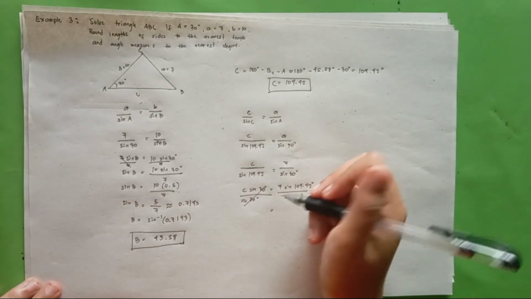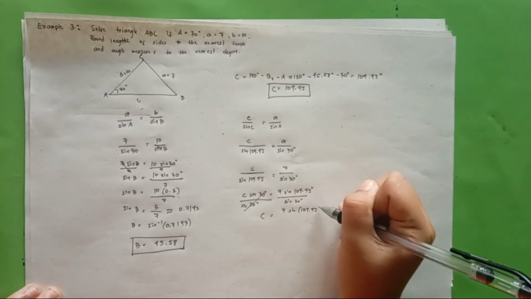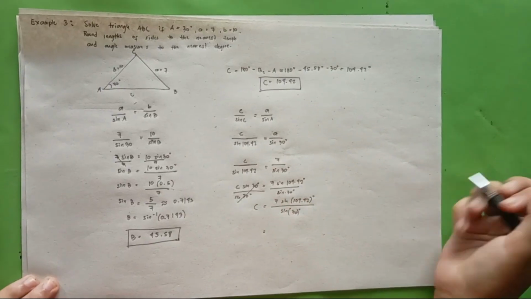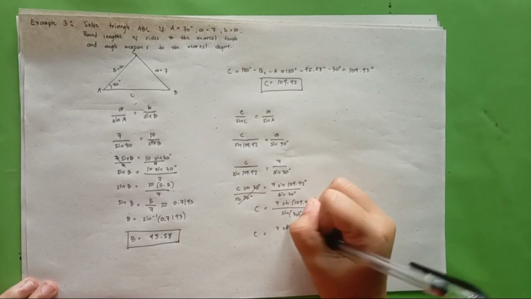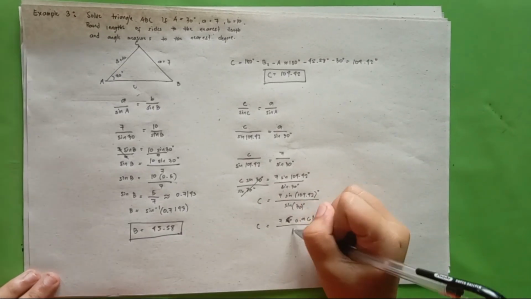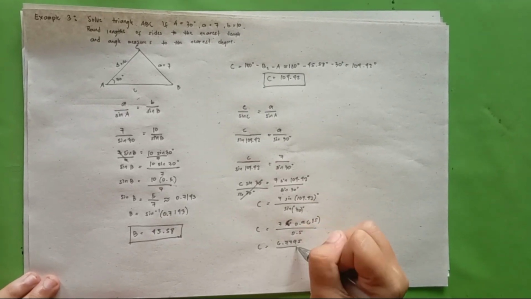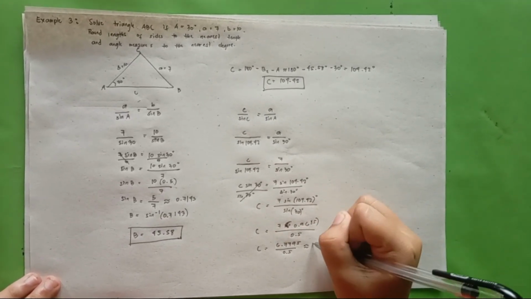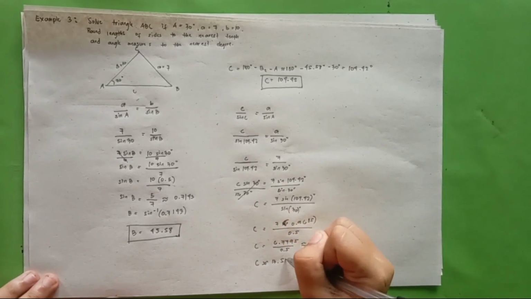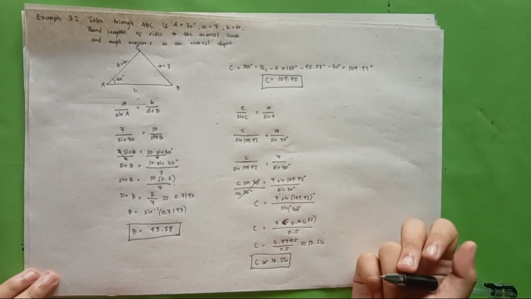Next is to multiply and solve for side C. Therefore, our side C is equal to 13.56 units.